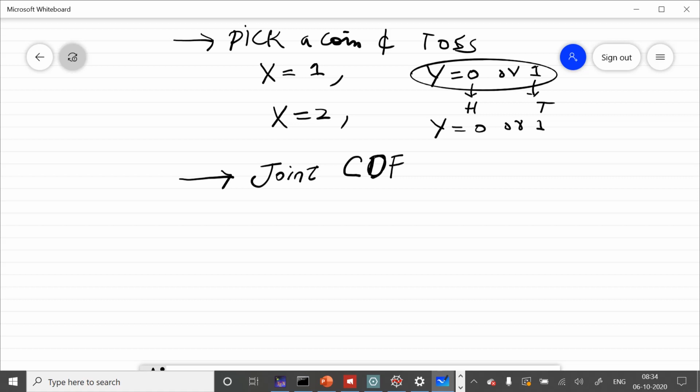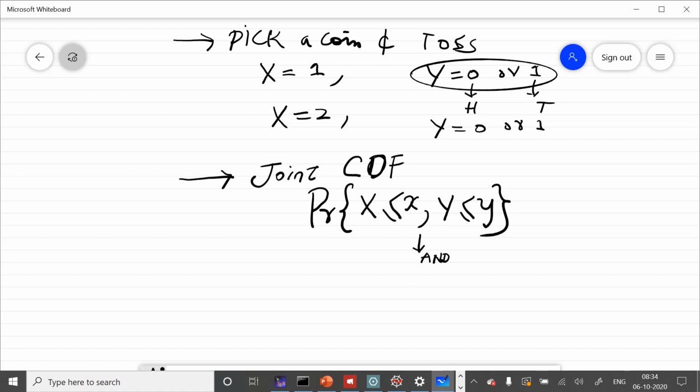So when you had a single random variable, you would ask the question: what is the probability that X is less than or equal to small x? Now you put a comma here. Comma, as I told last lecture, means 'and', so Y is less than or equal to small y.